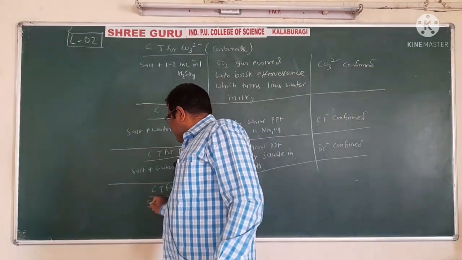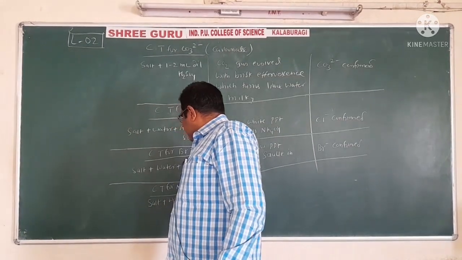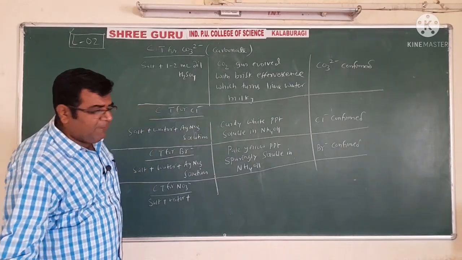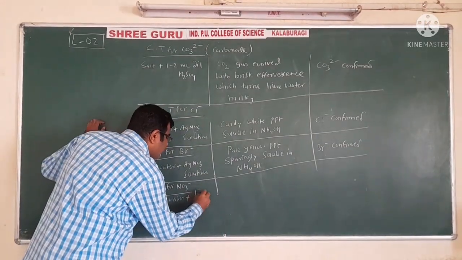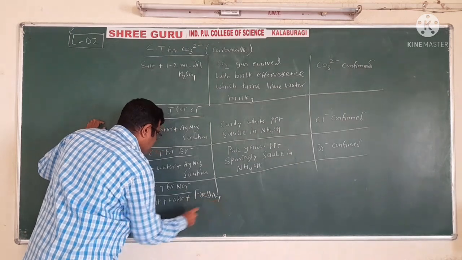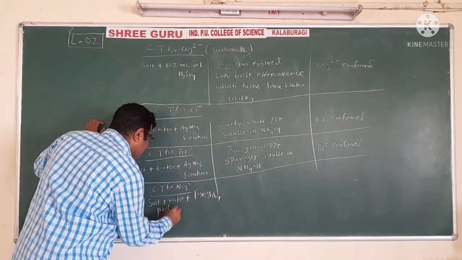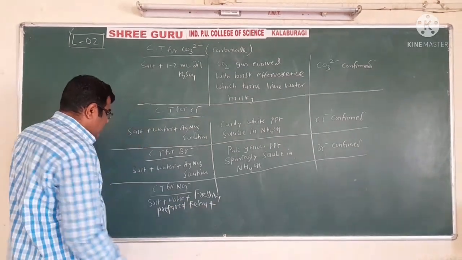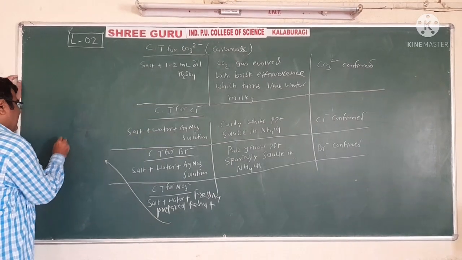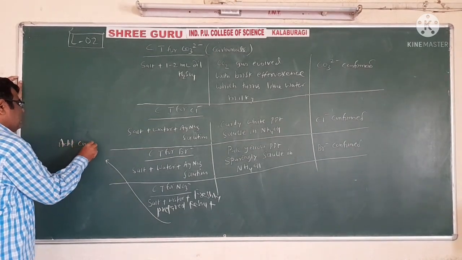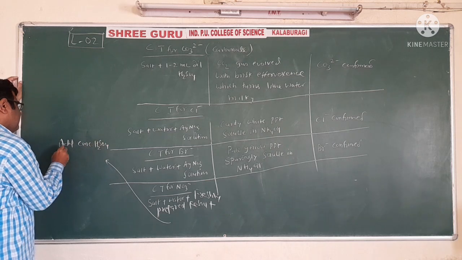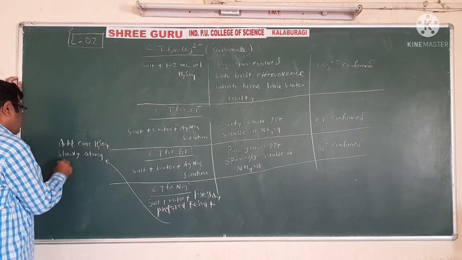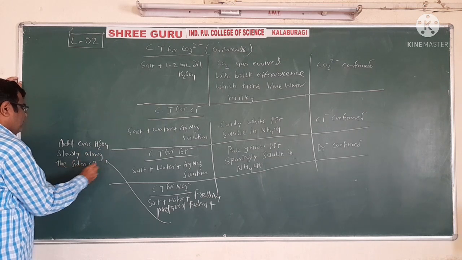We have to take salt, we have to take water, and we have to add to that freshly prepared ferrous sulfate, freshly prepared FeSO4, plus add concentrated sulfuric acid slowly along the sides of the test tube.